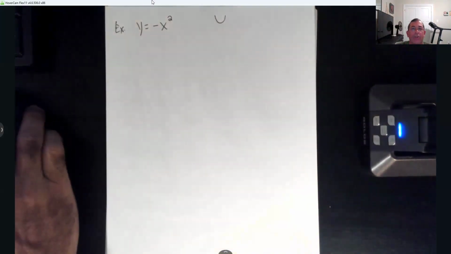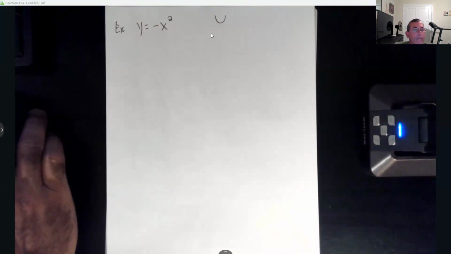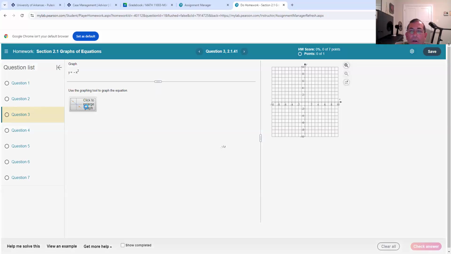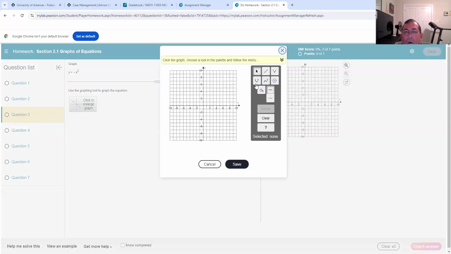Let me go back to it and I'll show you which one it is. If you click the enlarge graph, you see the second row, the first one, it has 3 dots. It calls it a 3-point quadratic tool. That's the one we're going to use for these graphs.